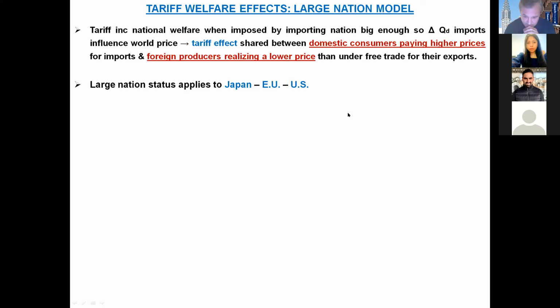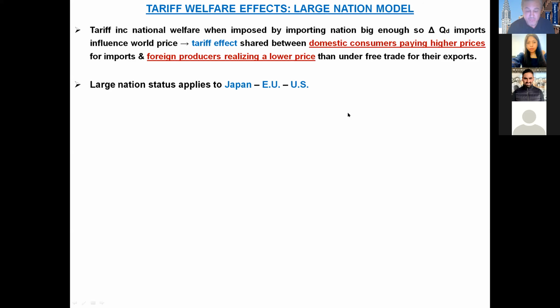Absorb the tariff? They have an incentive to absorb the tariff. And if not absorb the tariff, perhaps split the increase in cost between themselves and the consumer, right? So that a large nation like the US, the EU, or Japan is not a price taker, it's a price maker. And so the tariff effect can be shared between domestic consumers that might pay slightly higher prices and foreign producers that are going to be realizing a lower price than under free trade.